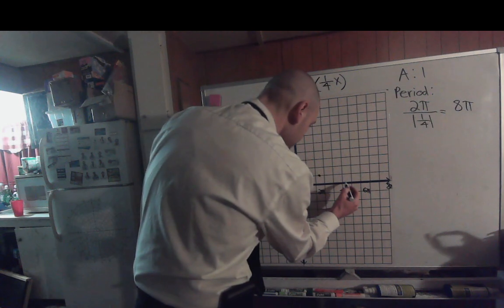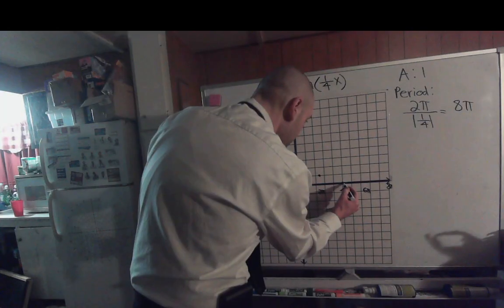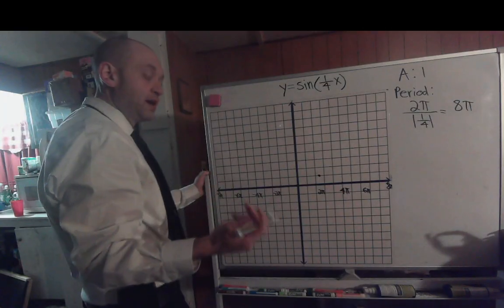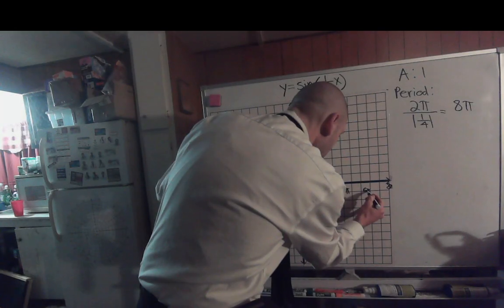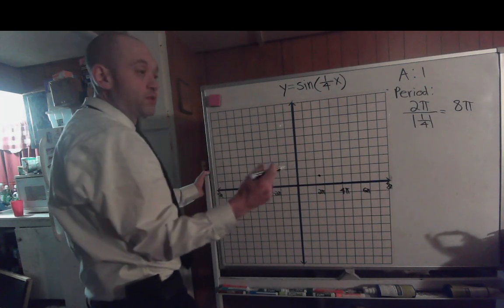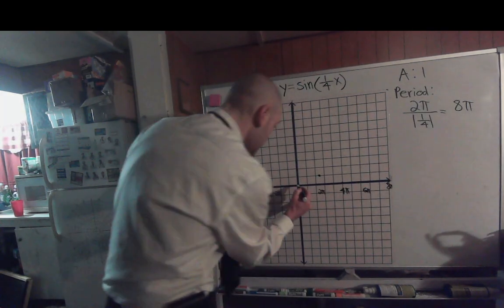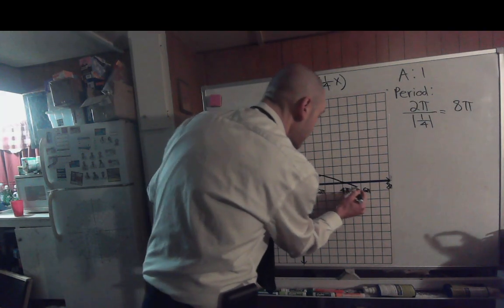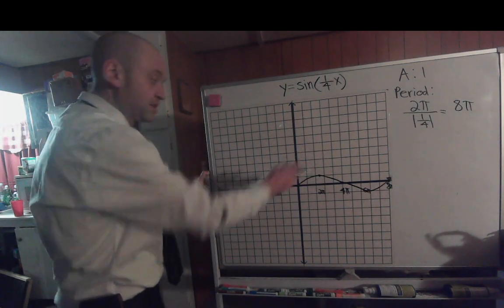Sine of pi is 0. Alright, let's put in 6 pi. 1/4 of 6 pi, that's 3 pi over 2, so that would be negative 1. Then 8 pi, 1/4 of 8 pi is 2 pi. Sine of 2 pi is 0. Let's start the curve going this way. Alright, so we got the curve to the right.